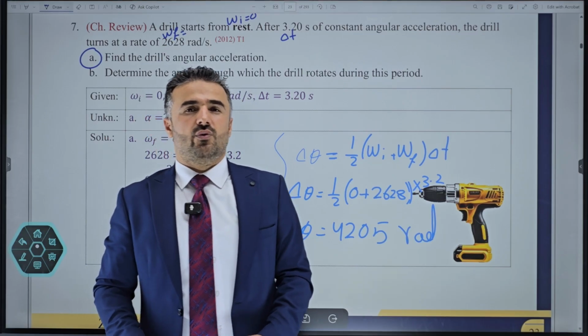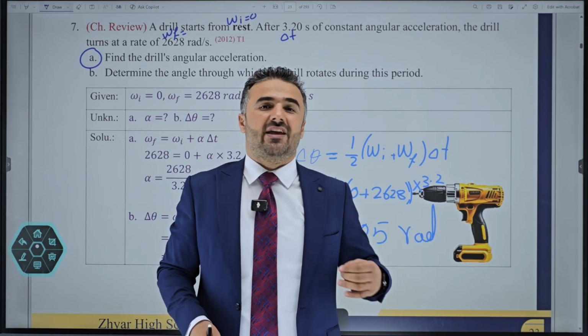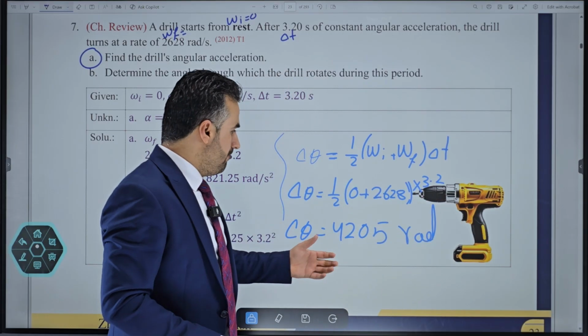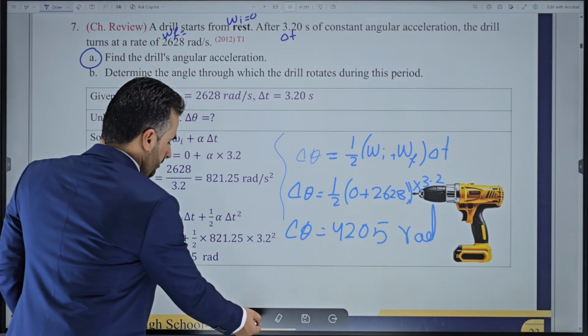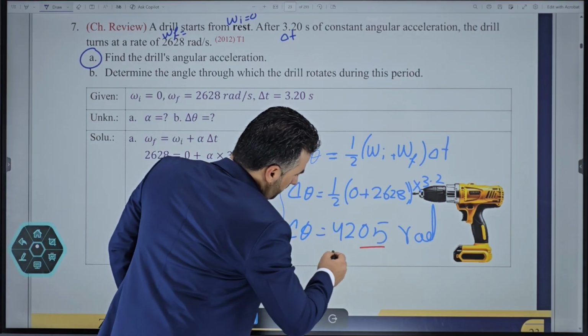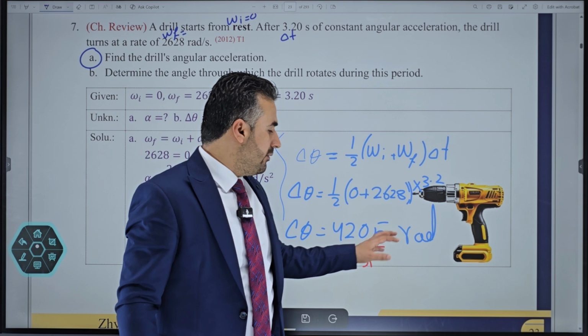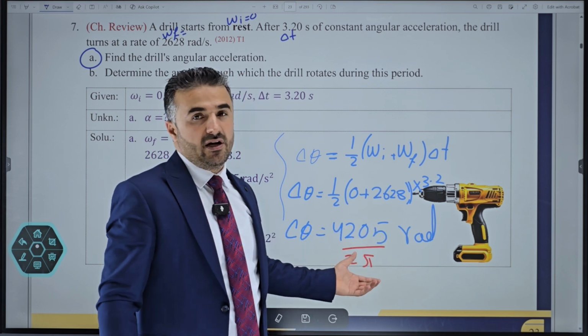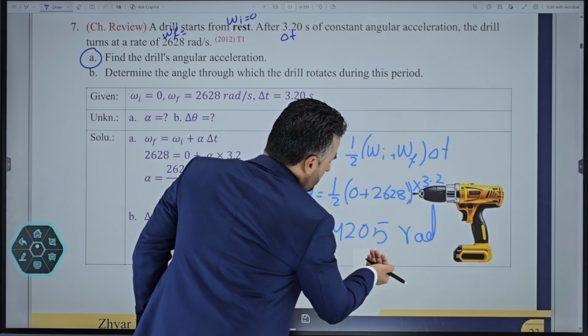But what if the question asked, how many revolutions does the drill make during this time? Then at this point you would just divide by 2 pi, my bad. This is in radians, so how do we convert radians to revs? Just divide by 2 pi. What if the question asked how many degrees the drill rotates?